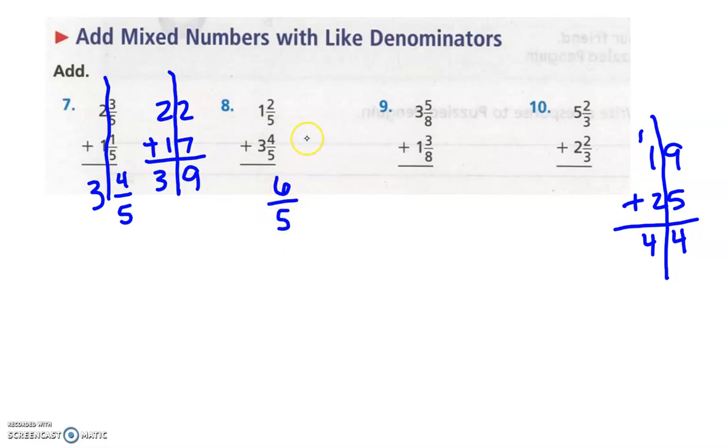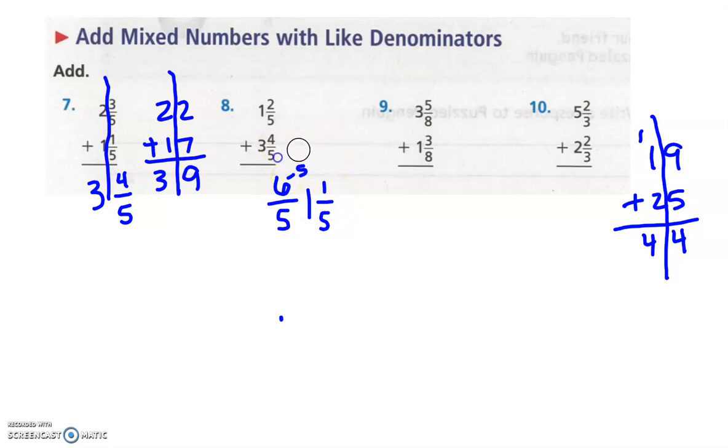So what actually would be better is if we can go ahead and change this to a mixed number right now. So here's what you need to ask yourself. How many times does 5 go into 6? It goes in 1 time. That means that you used up 5 whole fifths and that you now have 1/5 left over. So 2/5 plus 4/5 is actually 1 1/5.